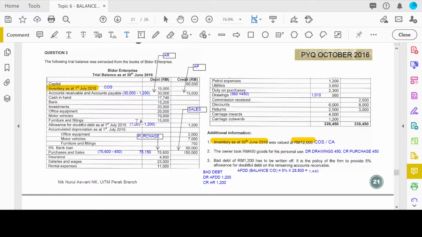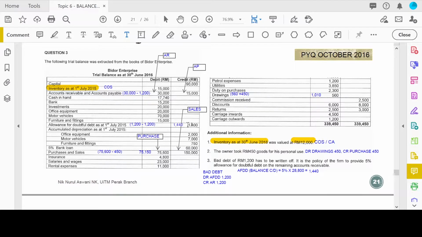But at the end of the year, we should record allowance for doubtful debt of 1,440, because this is what we calculated as the closing balance.